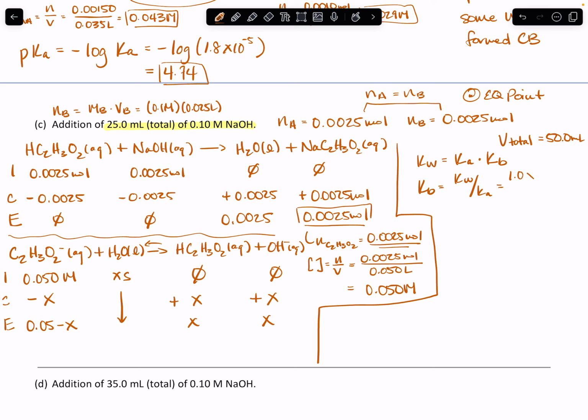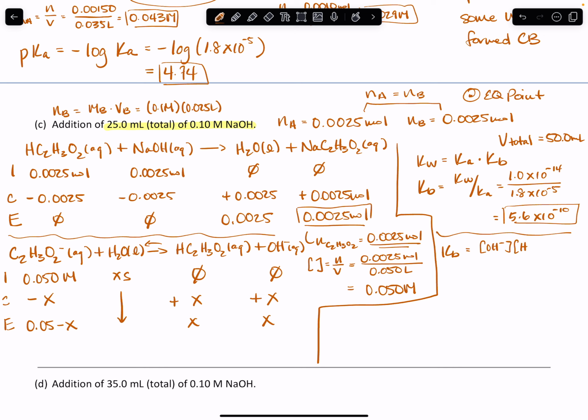Kw is 1 times 10 to the negative 14th divided by 1.8 times 10 to the negative 5th, because that is our Ka for acetic acid. So our Kb value here is going to be 5.6 times 10 to the negative 10th. The Kb expression is going to be equal to the concentration of hydroxide times the concentration of acetic acid, all over the concentration of acetate.